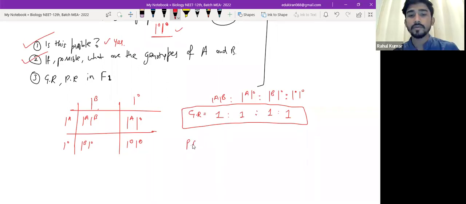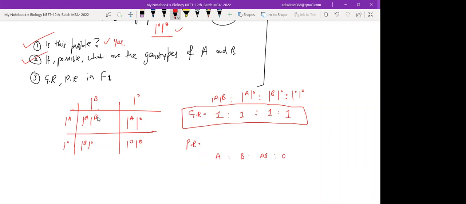Now let's go to phenotypic ratio. What are the possible blood groups? Either the blood group can be A, or it can be B, or it can be AB, or it can be O, right? Are all 4 present? What will be the blood group of the first kid? AB.